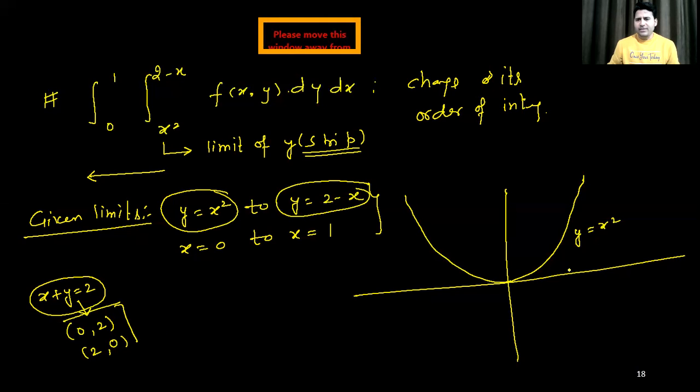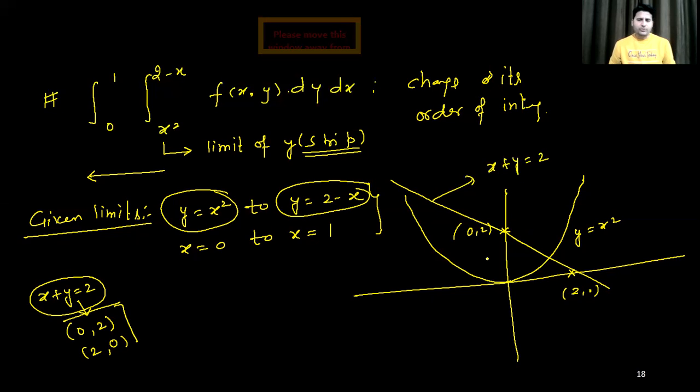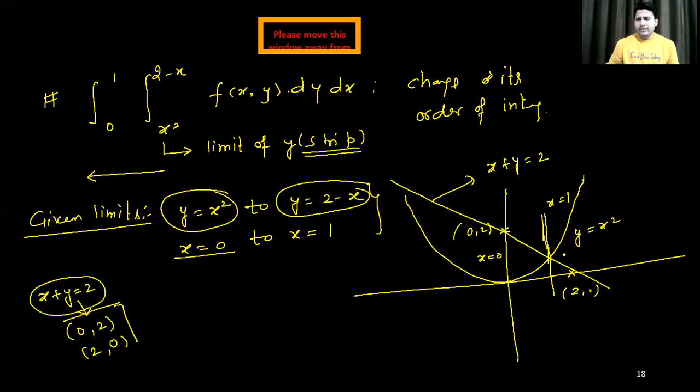So 2 comma 0, I am taking over here on the x-axis, and 0 comma 2 comes over here on the y-axis. Join these two points. So this equation is x plus y equals 2. And another is x equal to 0, and x equal to 1, like this.